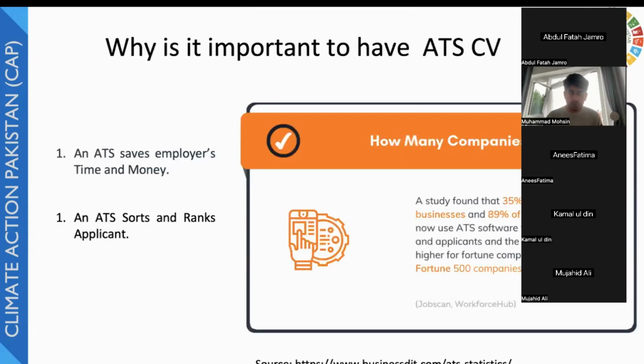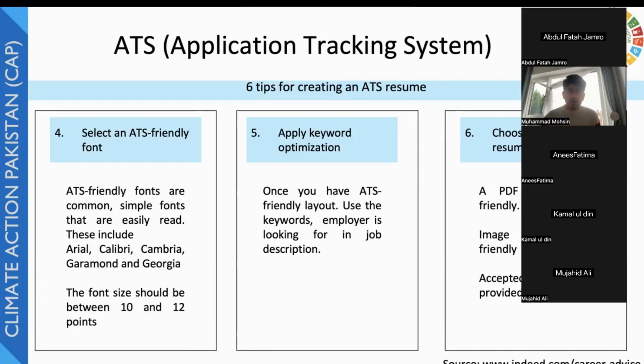Well, okay, sorry. Then we have the fifth tip, which is optimization of keywords. When you apply for a job, the ATS software picks some keywords that the employer actually wants. For example, the employer wants a design engineer or electronic design engineer, but your CV mentions you as an engineer.